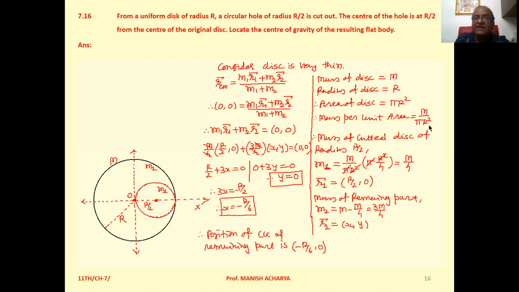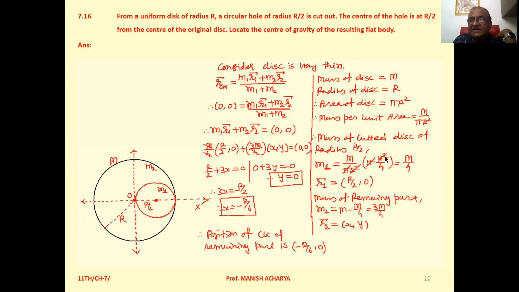Now simple unitary method. Mass of unit area is M upon pi R square, then what is the mass of the area of this small disk? So m1 is mass per unit area M upon pi R square times the area of this small disk, that is pi into radius R by 2 whole square, so that is R square by 4.